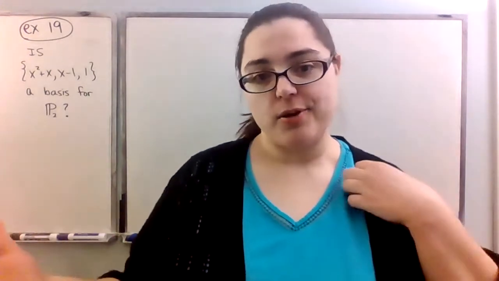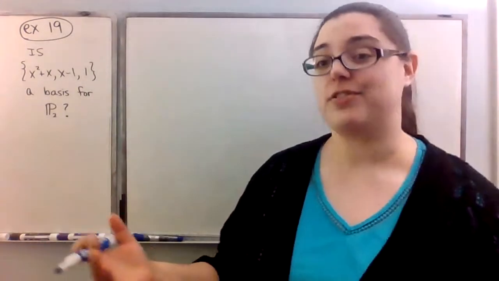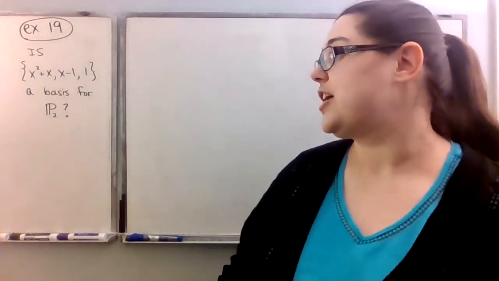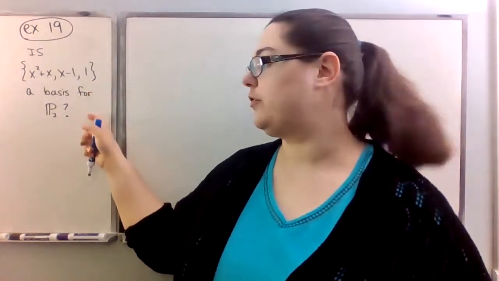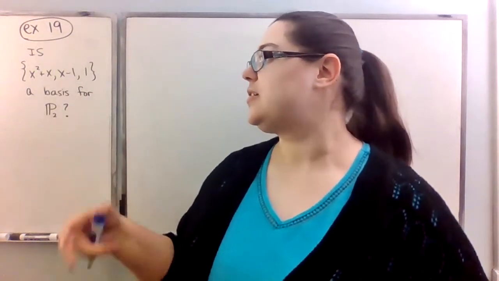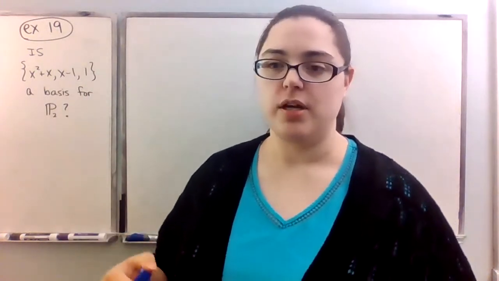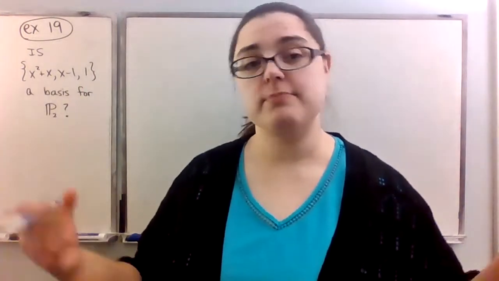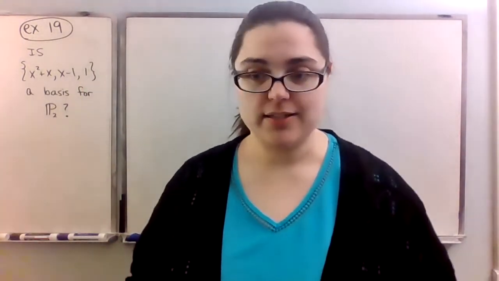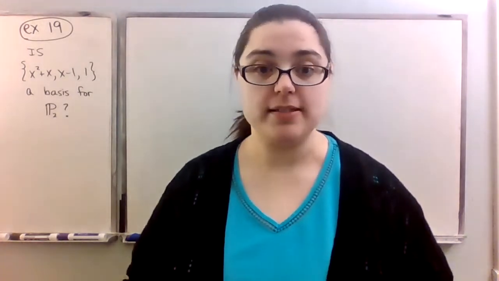That's it. So in order to answer this question, we have to show first that the span of this set of vectors is going to equal all of P2. And then we have to show that they're linearly independent. If one of those two things fails, then we are not a basis.